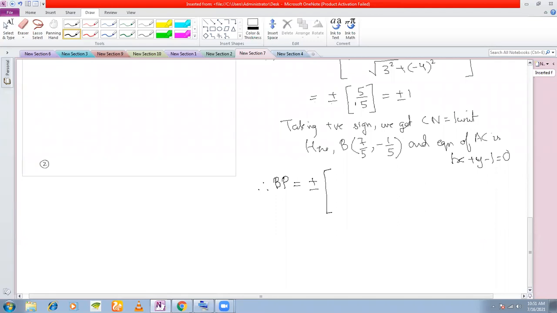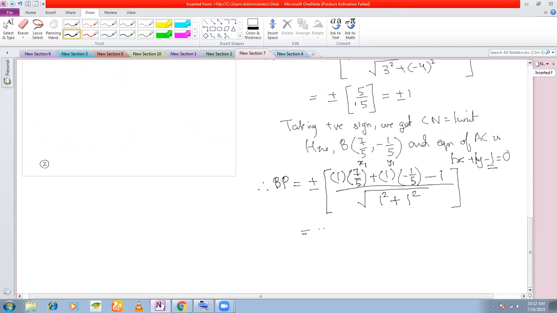What is a here? A here is 1, right? So a x1, x1 is this 7 by 5, plus b, b here is again 1, y1, this is your y1, minus 1 by 5, plus c. C here is minus 1 divided by root over of a square plus b square.